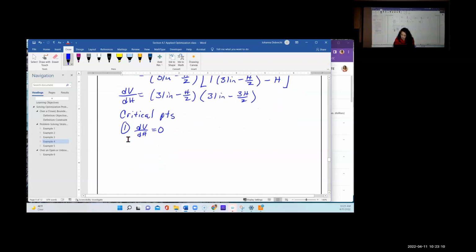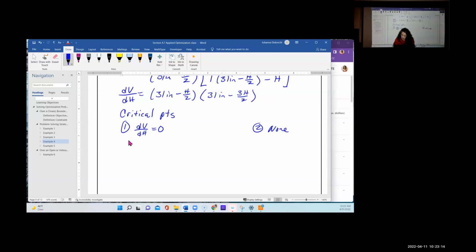This is going to give me none of type 2. 31 inches minus H over 2 equals 0, or H equals 62 inches, I think, as one of them. And the other one would be 31 inches equal to 3H over 2. So that would be 62/3 inches.